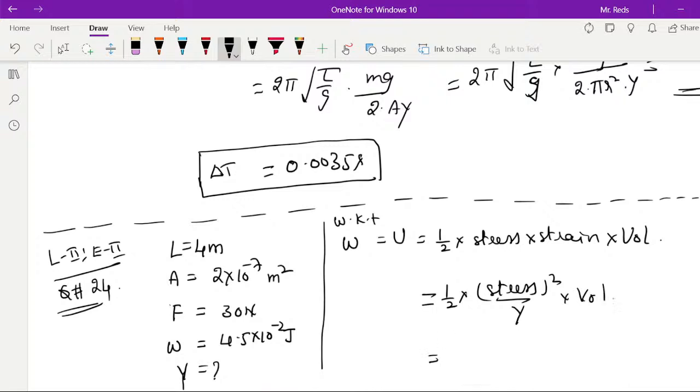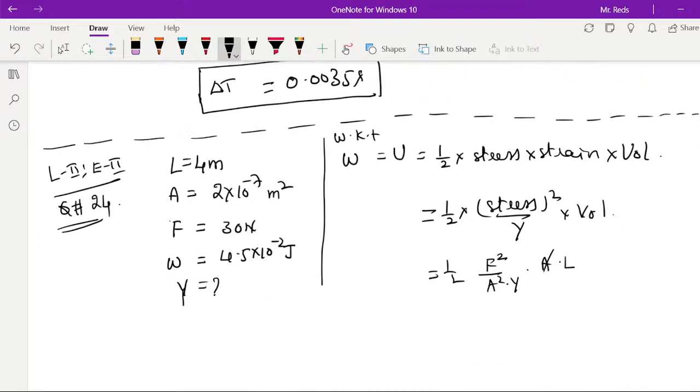This is equal to half into stress, which is force by area, F square by A square into Y, into volume, which is area into length. On simplifying further, A gets cancelled, so we get half into F square L by A into Y. Here F, the force applied, is given, length is given, area is given, and Y you are asked to find, with work done W given here.